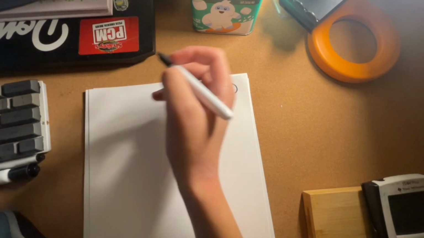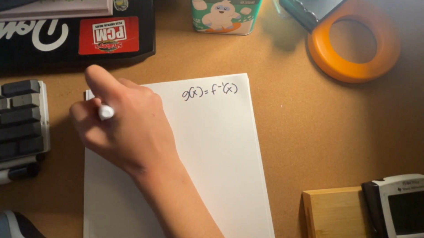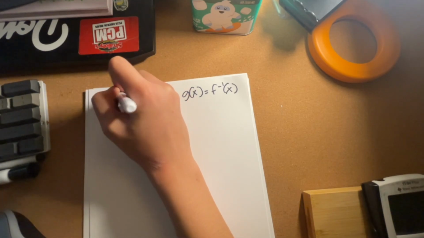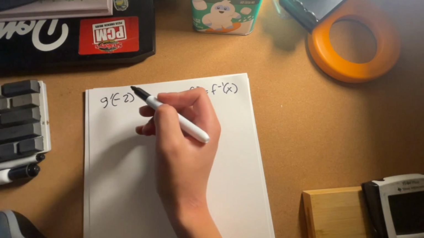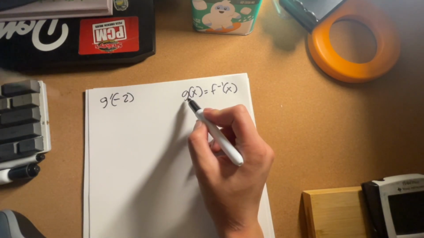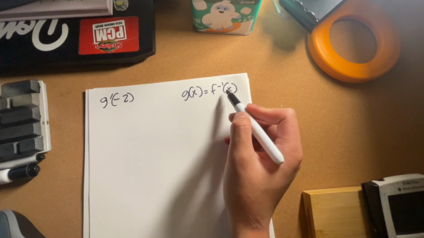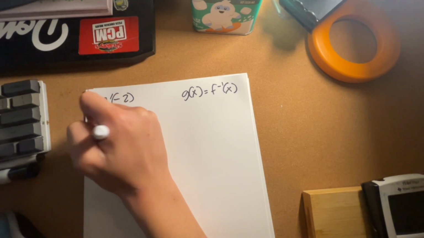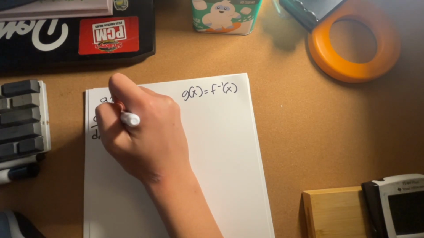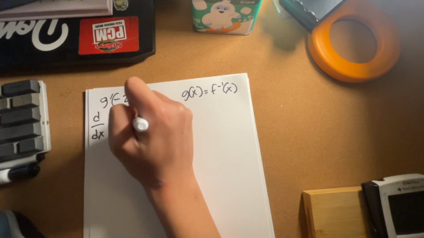So let's find g prime of -2. Prime is equal to derivative, right? It's a derivative, and g(x) is equal to f inverse of x. So that's the derivative of f inverse of -2.